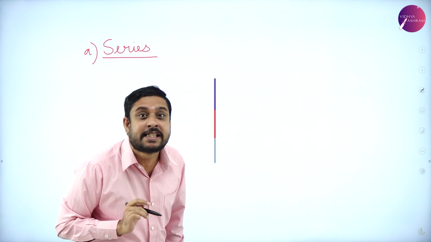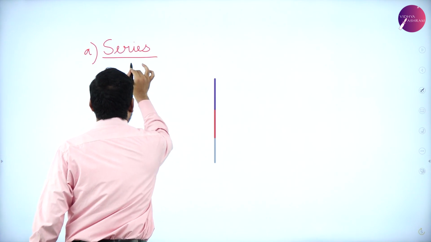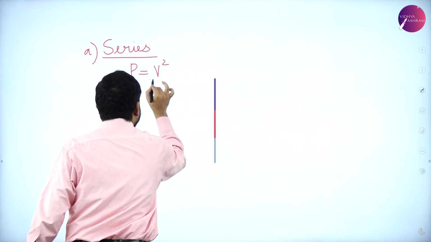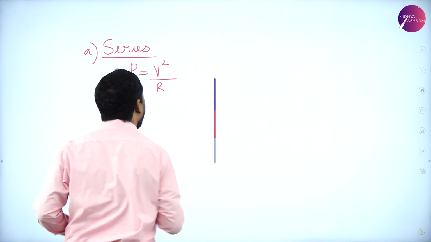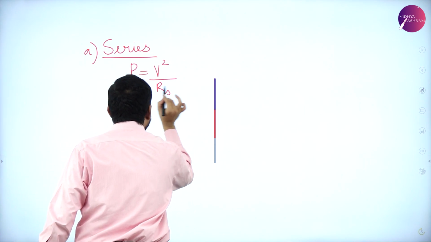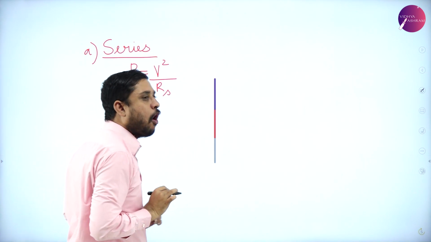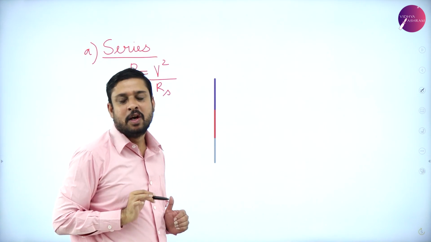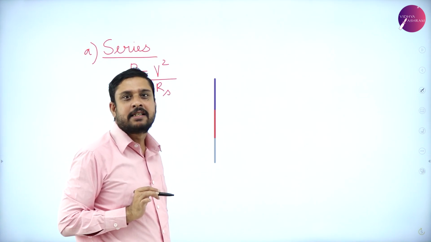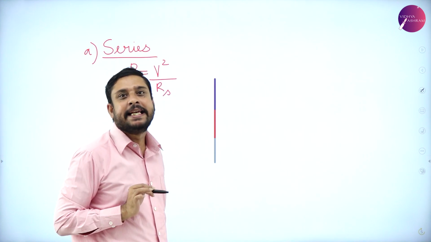The EMF is the same. So P is V square by R. Here R is nothing but Rs, and I call P1 to be the power when the resistors are connected in series.